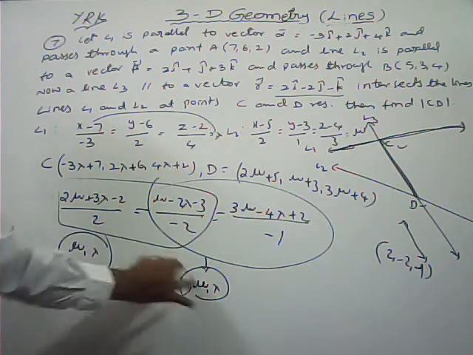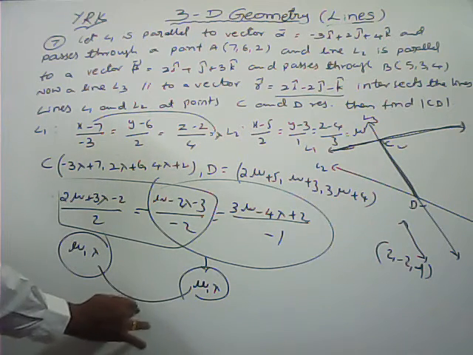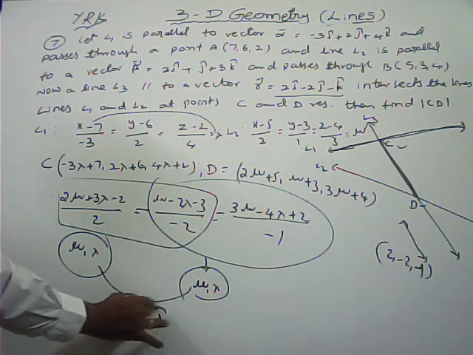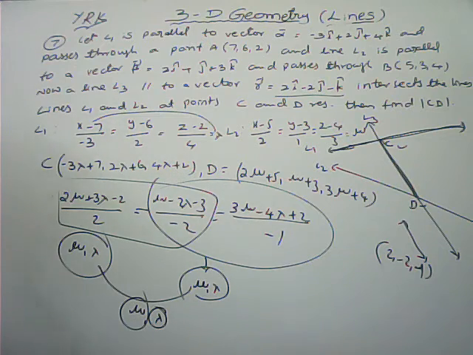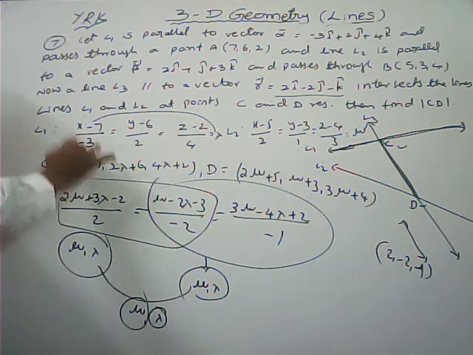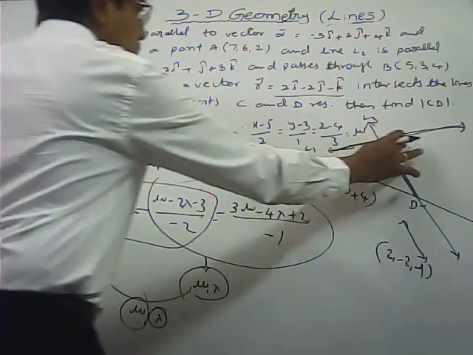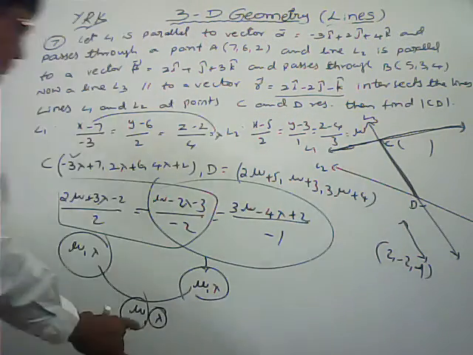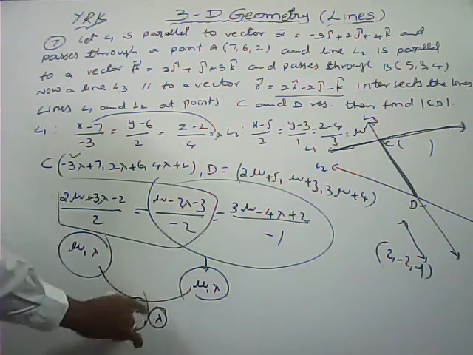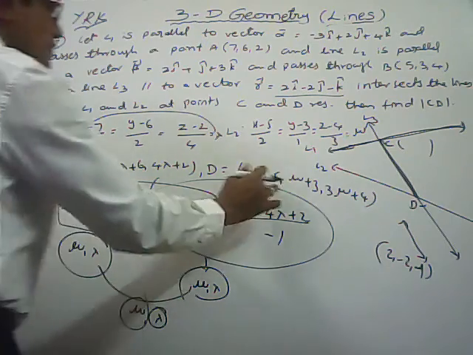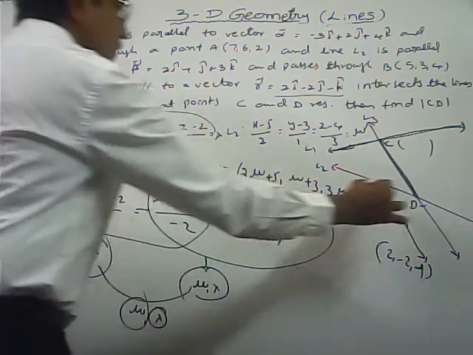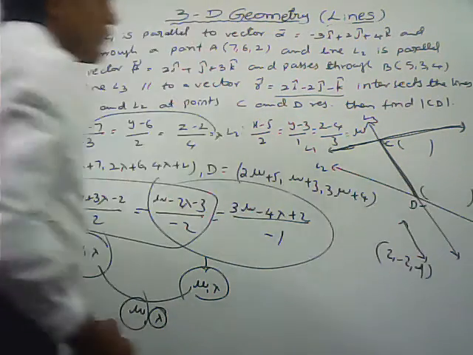By solving these two equations, we get the lambda and mu values. After getting them, substitute the lambda value and we get the C point, and substitute the mu value and simplify to get the D point, the coordinates of D.